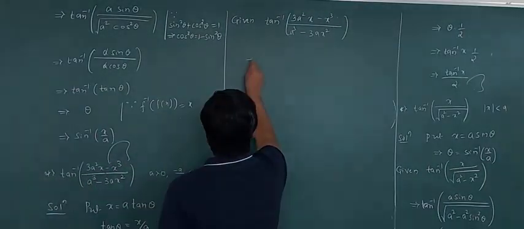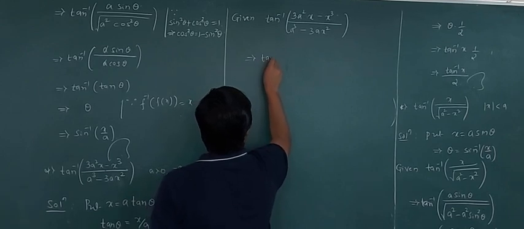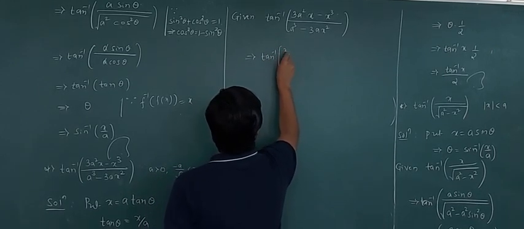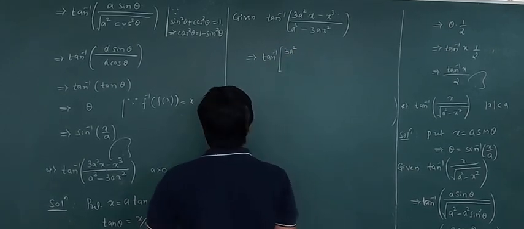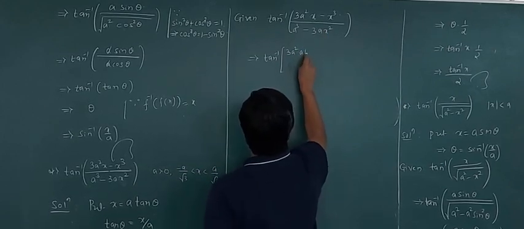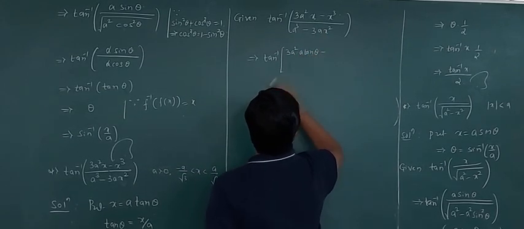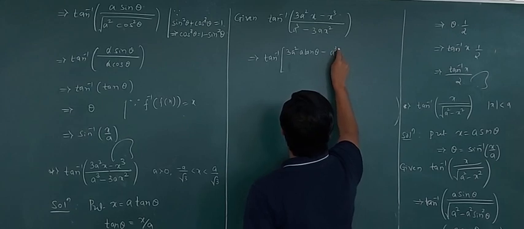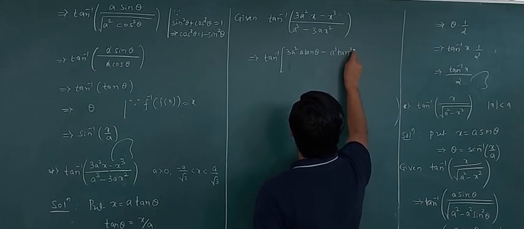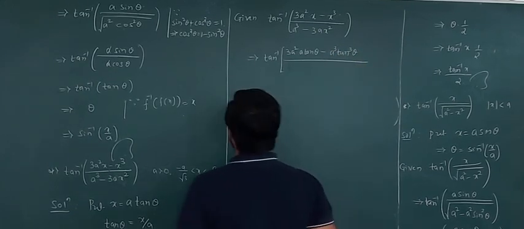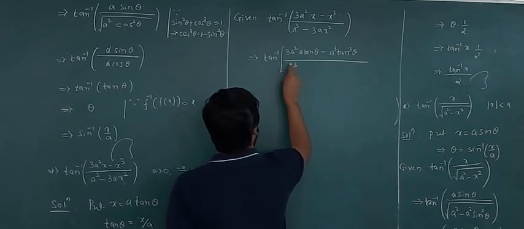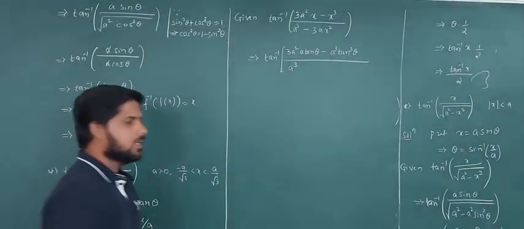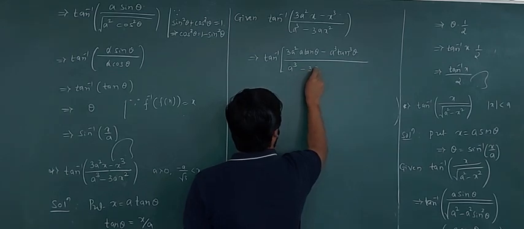We get tan inverse of 3a square as it is, and x equal to a tan theta, minus a cube tan cube theta, divided by a cube as it is, minus 3a as it is.